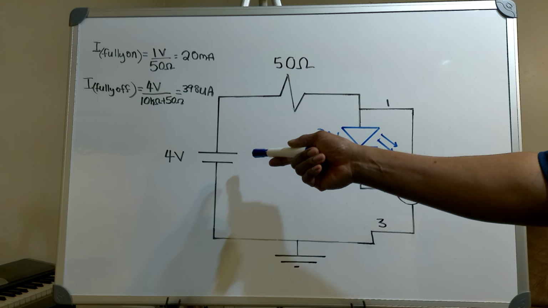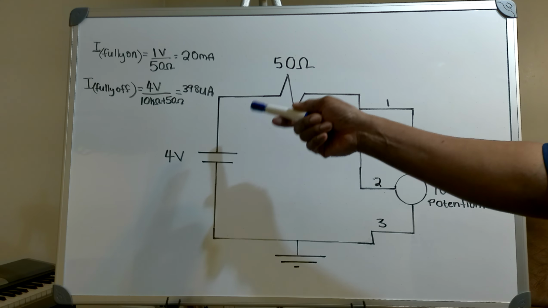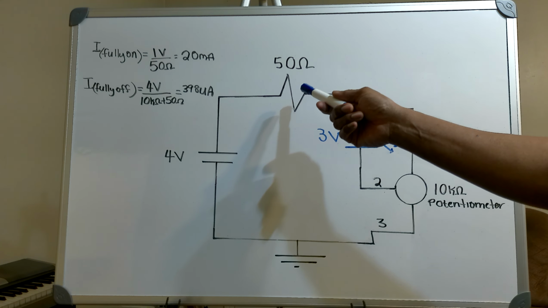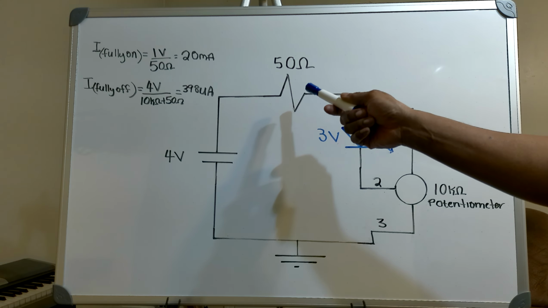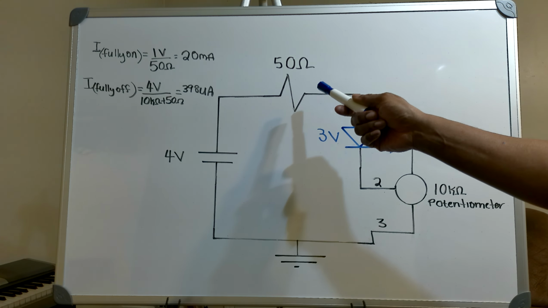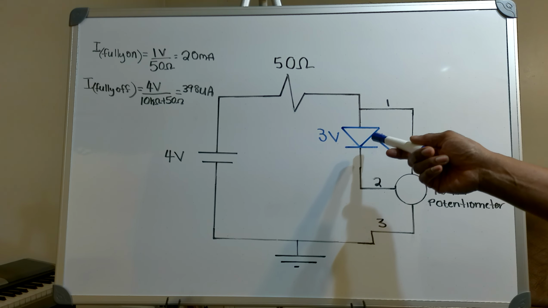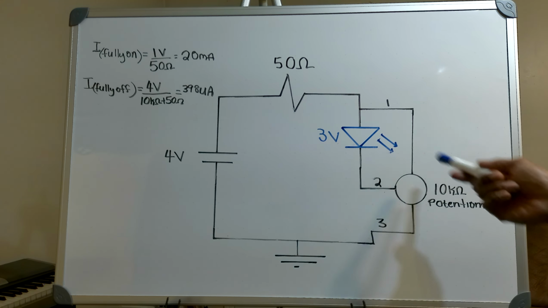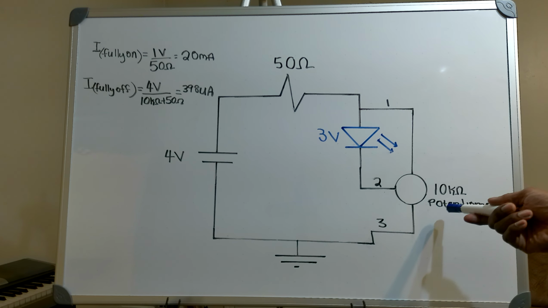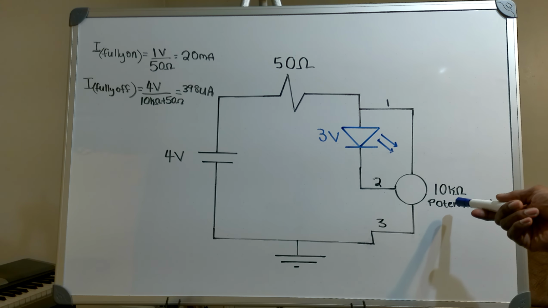Now in this video, I've got a 4-volt source in series with a 50 ohm resistor and the parallel combination of a blue 3-volt LED and a 10K ohm potentiometer.